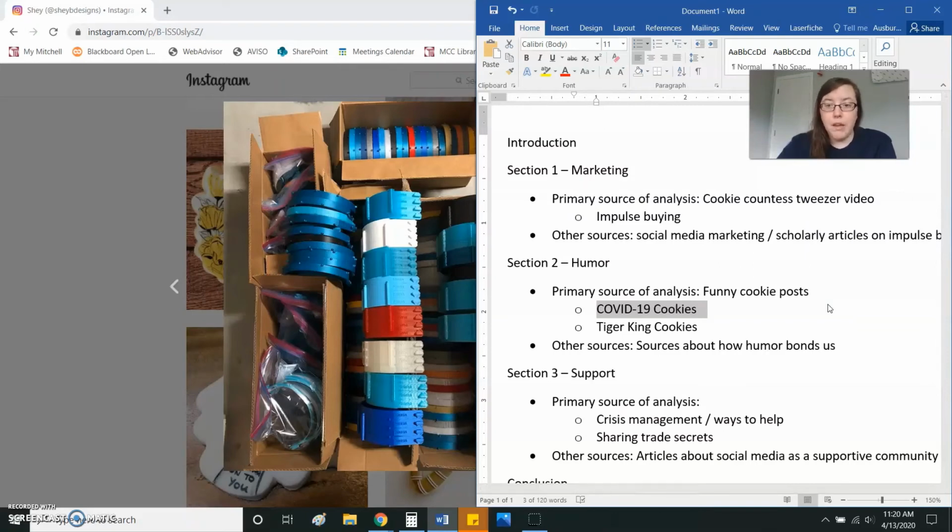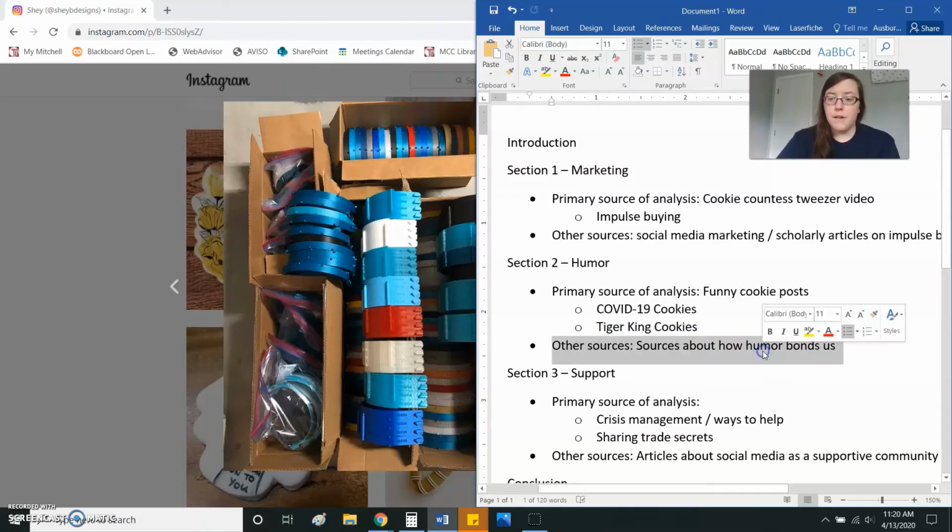And so I might have 1 paragraph on how people are using humor with the COVID-19 cookies, and then I might have another paragraph on how people are using Tiger King cookies, and then I might have a final paragraph at the end, really just explaining why humor brings people together, why humor is effective.